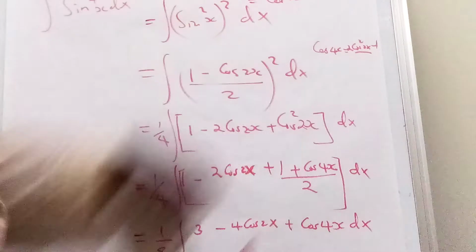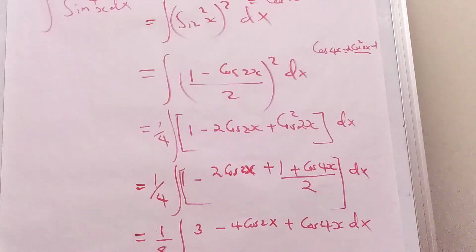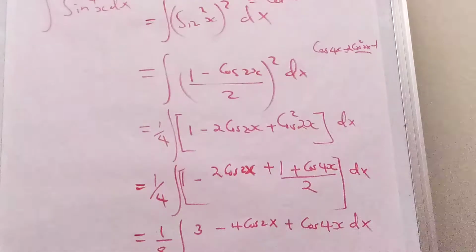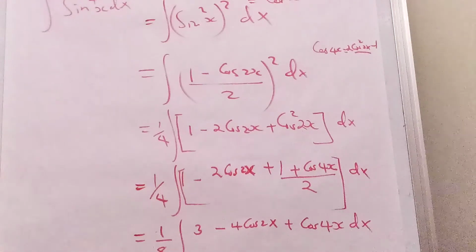And then cos 4x. Integrating there is pretty easy. Integrate cos, get sine, and then divide by the derivative of the angle that we have, to get something like this.